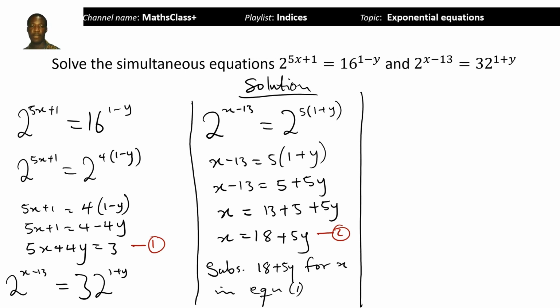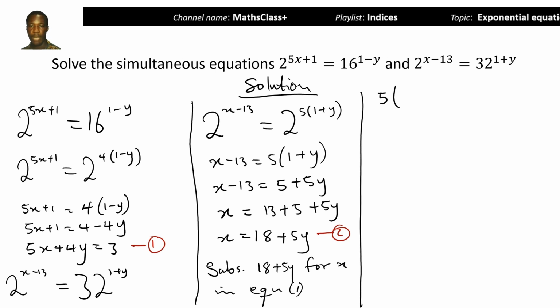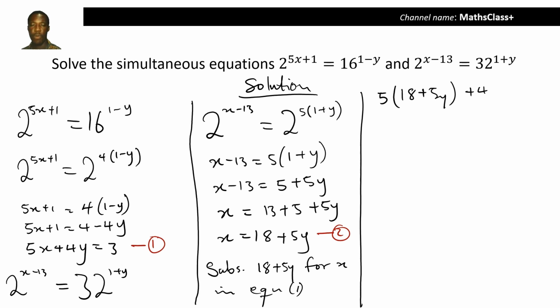And so that gives me 5 multiplying 18 plus 5y plus 4y is equal to 3.